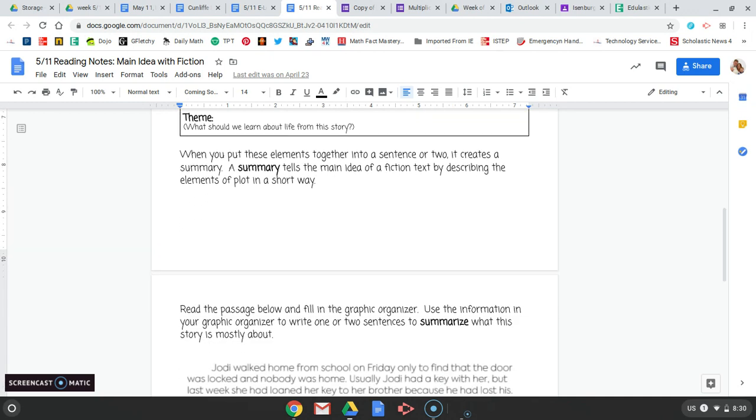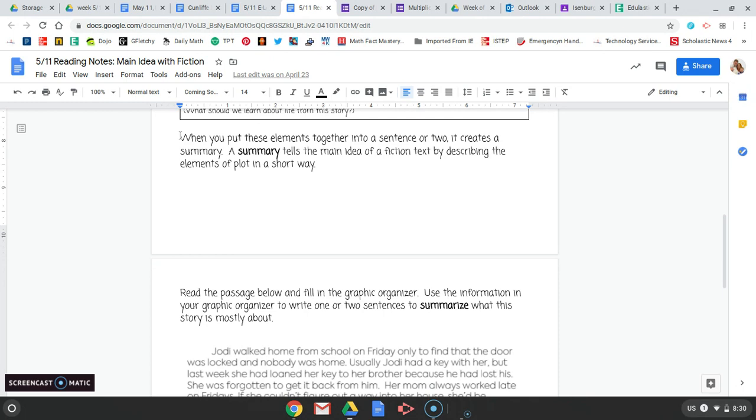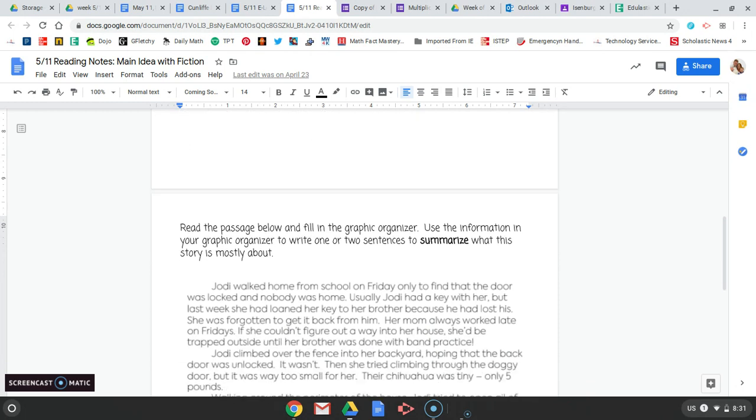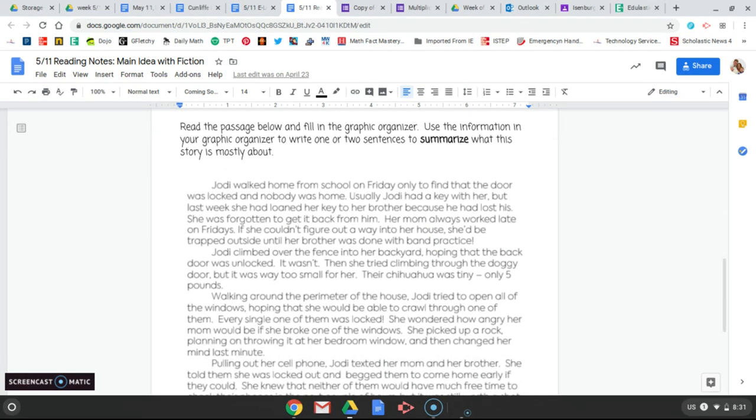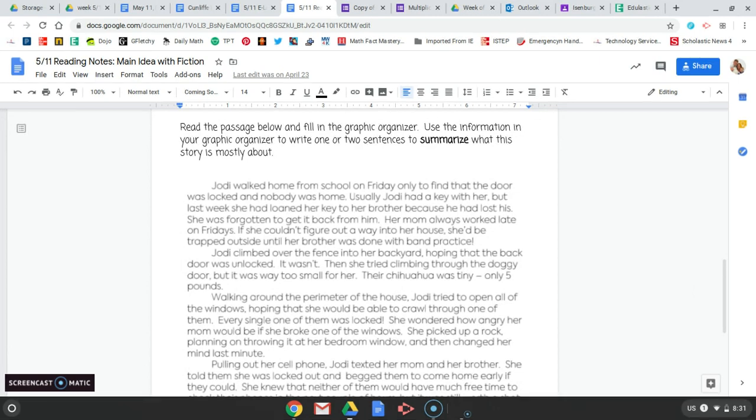So today, let's continue with this next part. When you put these elements together into a sentence or two, it creates a summary. A summary tells the main idea of a fiction text by describing the elements of plot in a short way. Okay, so a summary is just the short version, guys. Read the passage below and fill in the graphic organizer. Use the information in your graphic organizer to write one or two sentences to summarize what this story is mostly about.